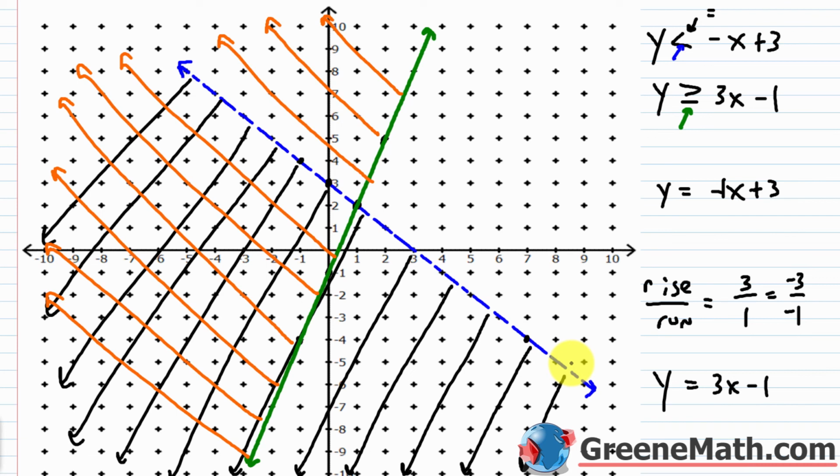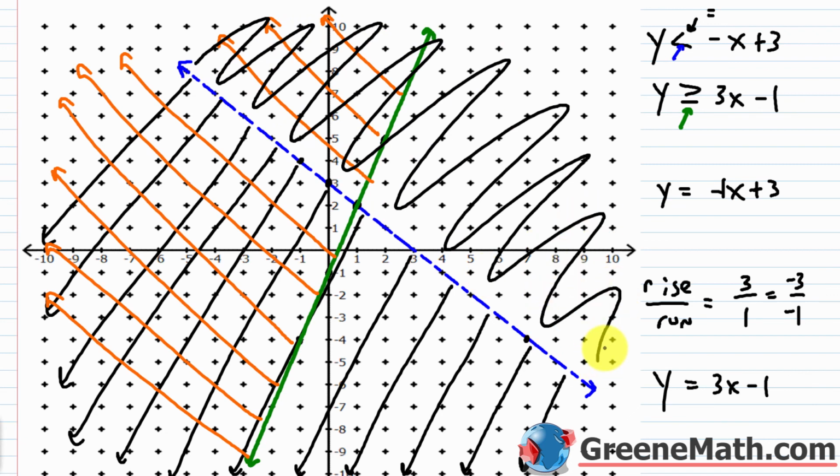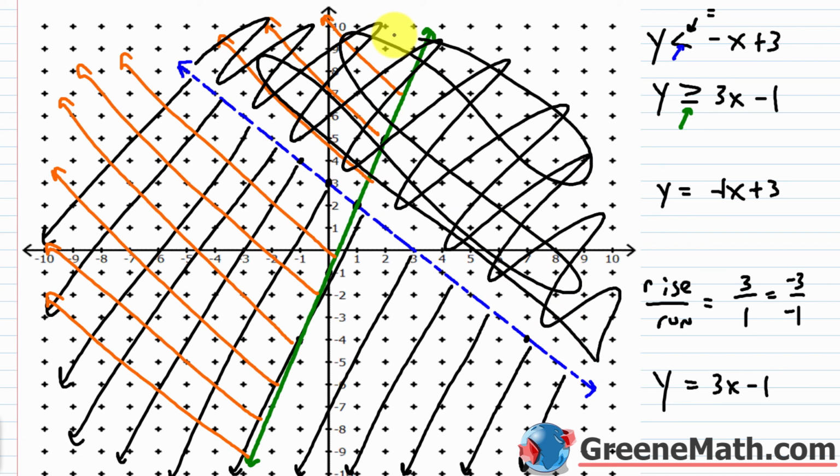So any point above the line doesn't work as a solution for this inequality, and therefore doesn't work as a solution for the compound inequality because it has to work for both. So I can just take a little black marker or a pencil and mark this section out and say, hey, this is not going to be part of the solution for the compound inequality.